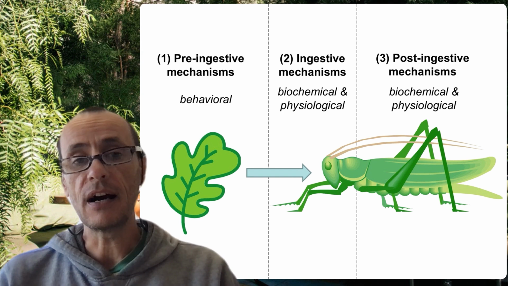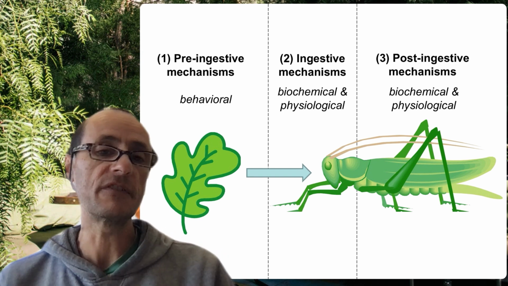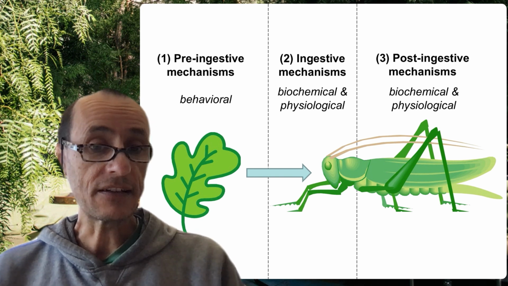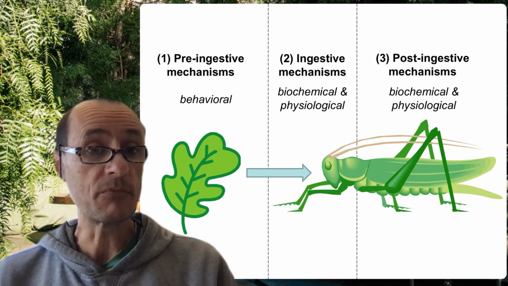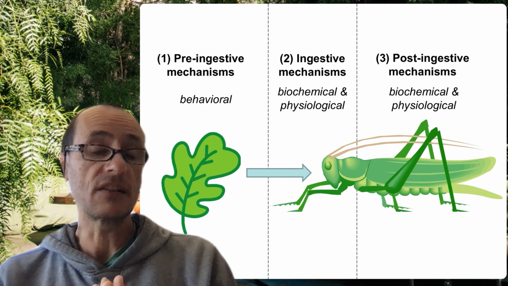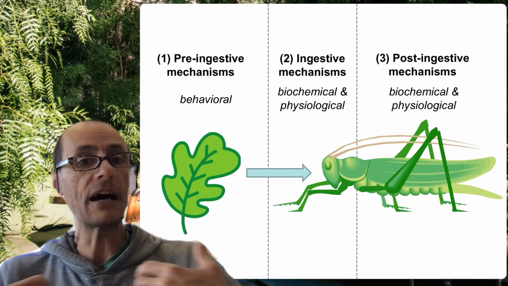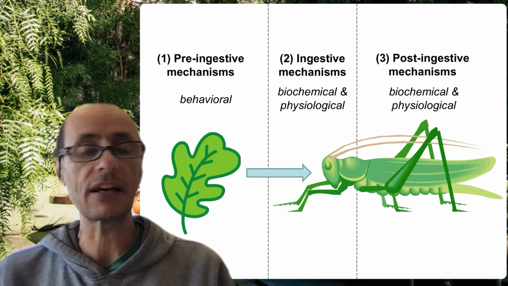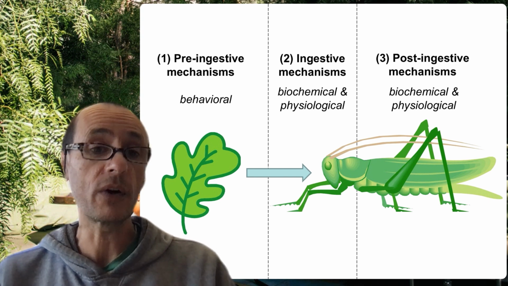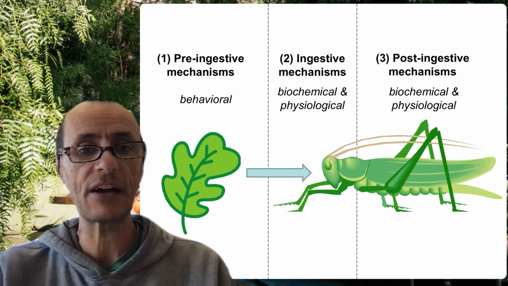Once the plant material has been taken in, what are the biochemical and physiological mechanisms that insects have to prevent them from getting into the body? And the last one is post-ingestive mechanisms. It's gotten into the body of the insect. What are the biochemical and physiological ways in which insects can prevent damage from actually happening?